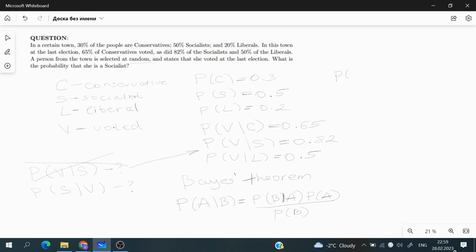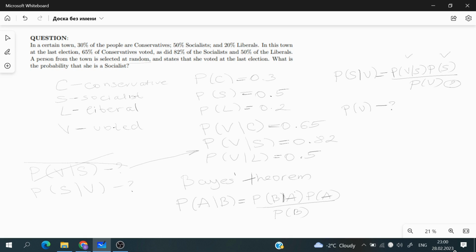We need to find the probability of S given V equals the probability of V given S times the probability of S divided by the probability of V. So we are given 0.82 and 0.5, but we're not given the probability that she voted, right? How to find it? So we need to find this one first.